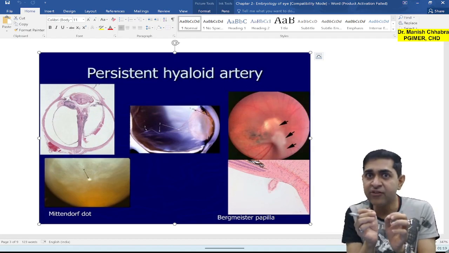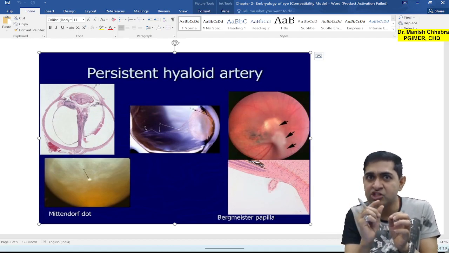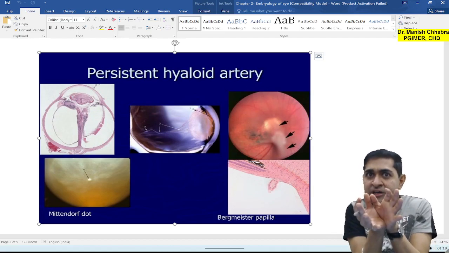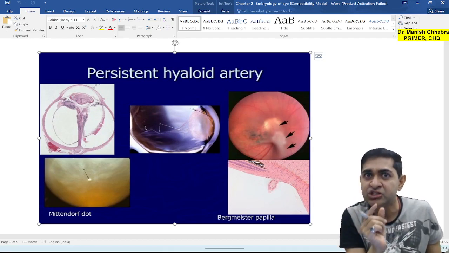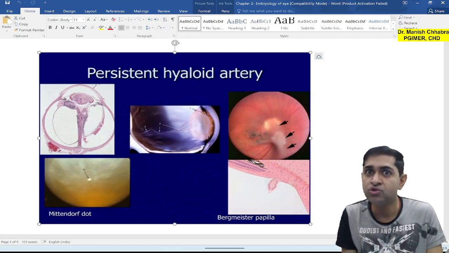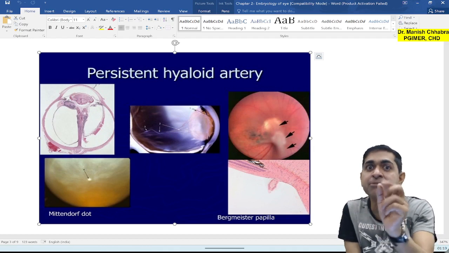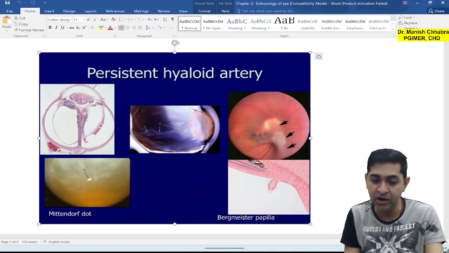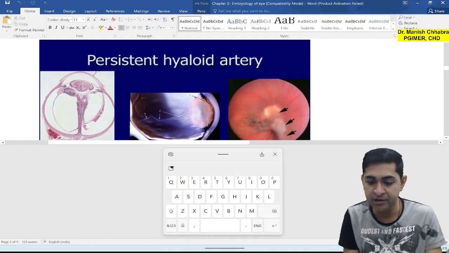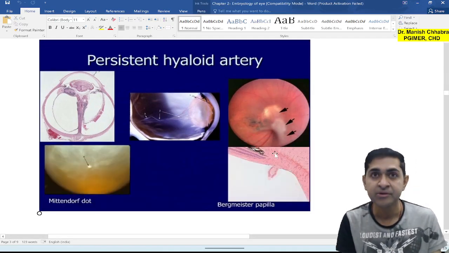Third is, if the small stump of the hyaloid artery is left at just the origin site, you call it Bergmeister papilla. You can see here, check out the pic, Bergmeister papilla.